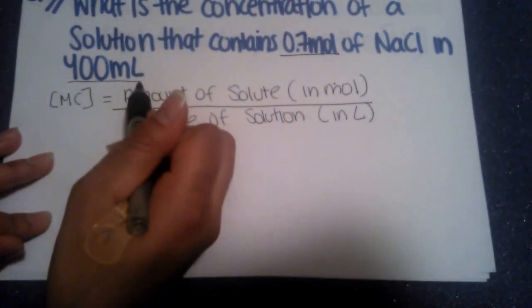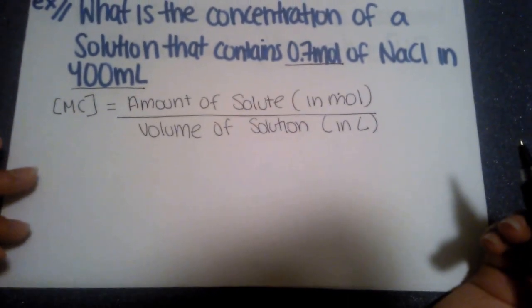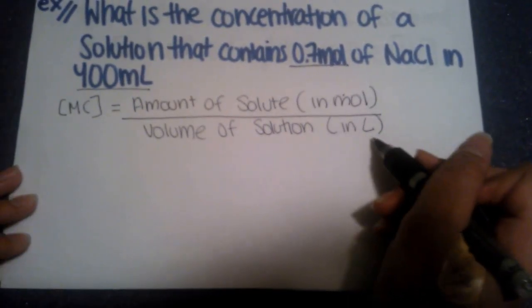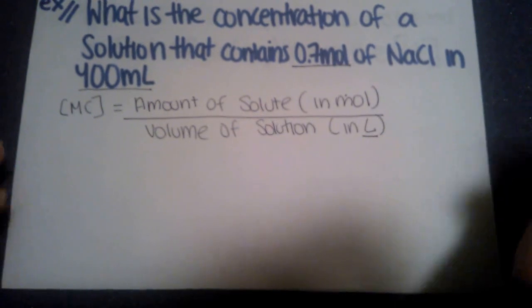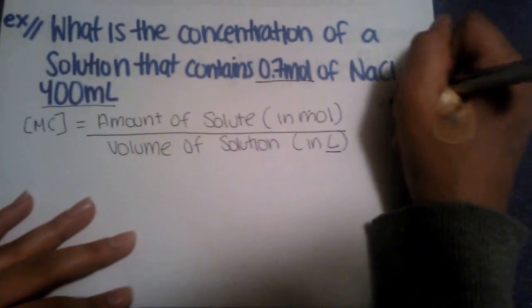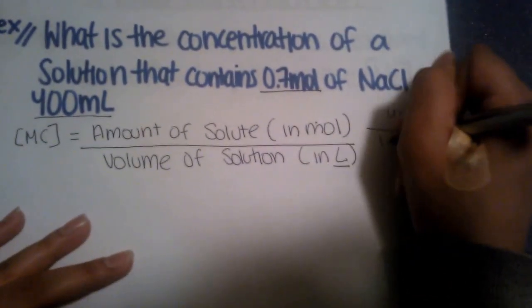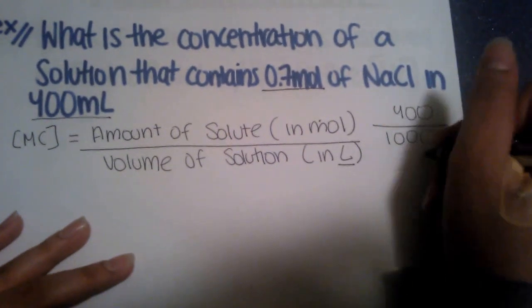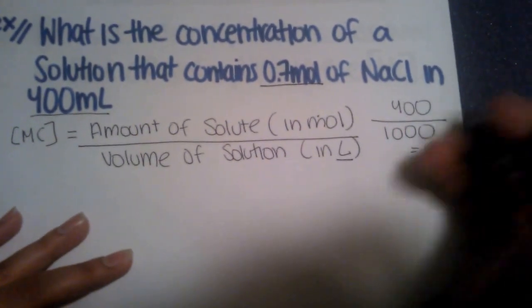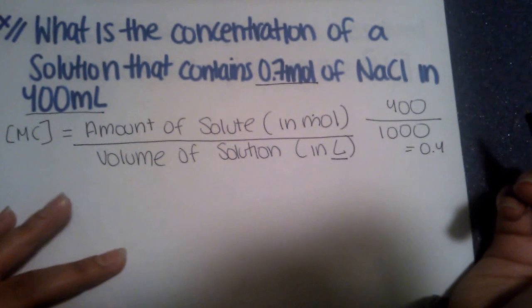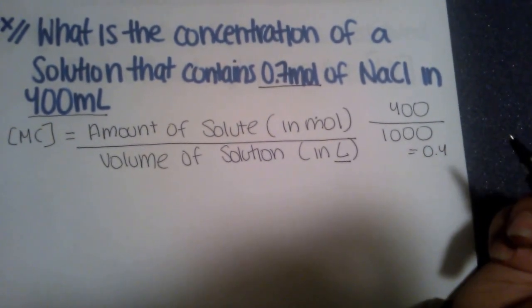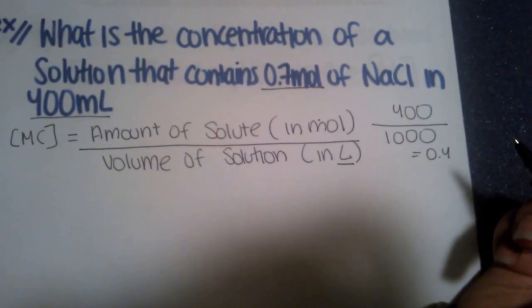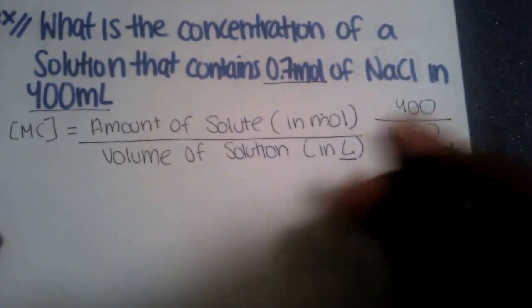And our volume is given, but it is given in milliliters. So first, to convert it into liters, you have to do the simple calculation of 400 over 1,000, which gives us 0.4, because for every 1 milliliter, there's, you guys know.